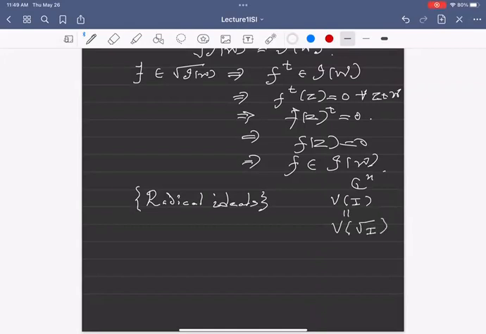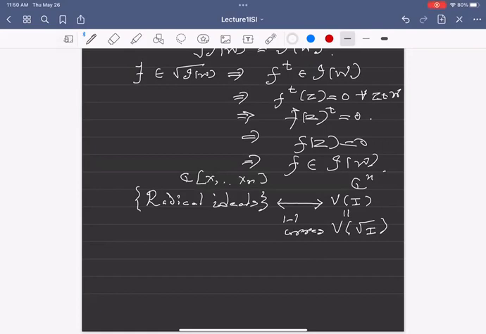That's not difficult to show. So we will show that there is a one-to-one correspondence between radical ideals and algebraic varieties. So these are radical ideals in the polynomial ring in n variables with complex coefficients.